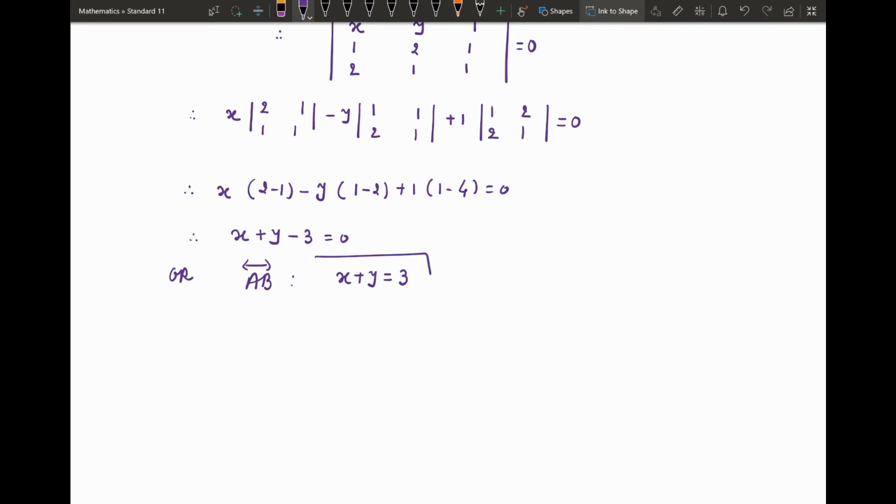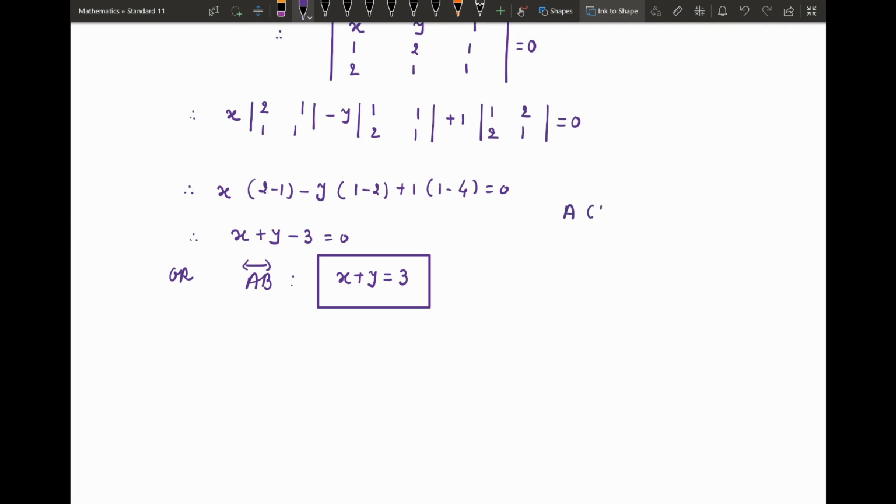This is the required Cartesian equation of line AB, and you can easily verify, since this is the line passing through points A and B, so the coordinates of A and B will satisfy this equation.